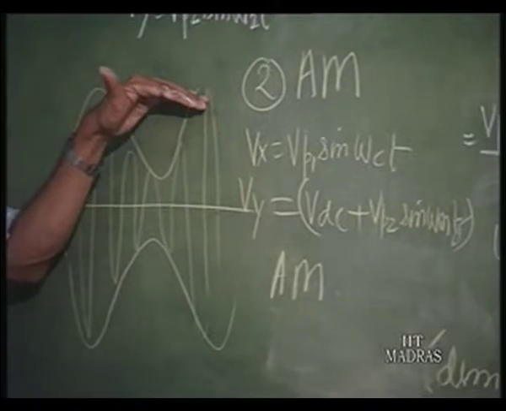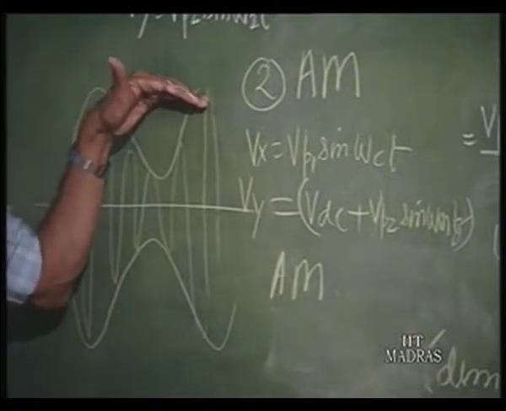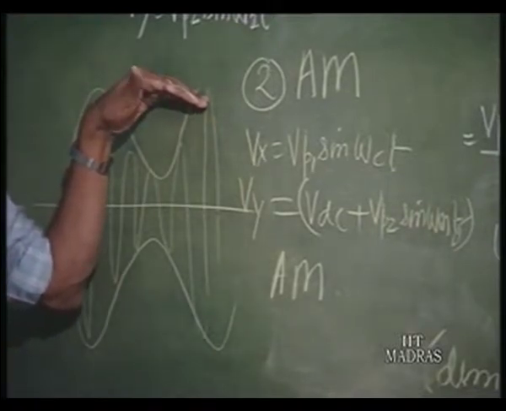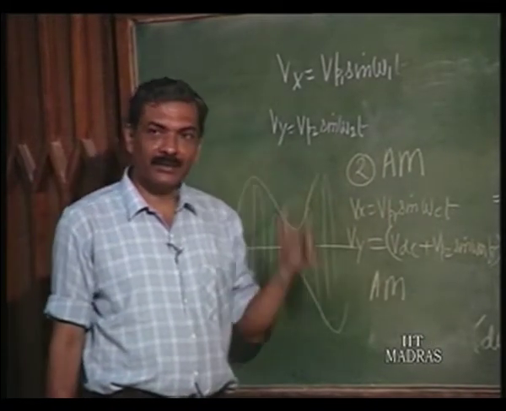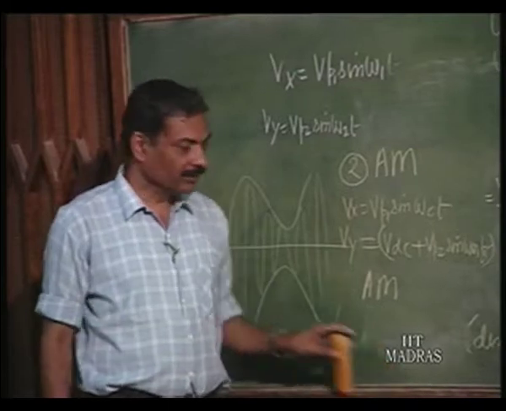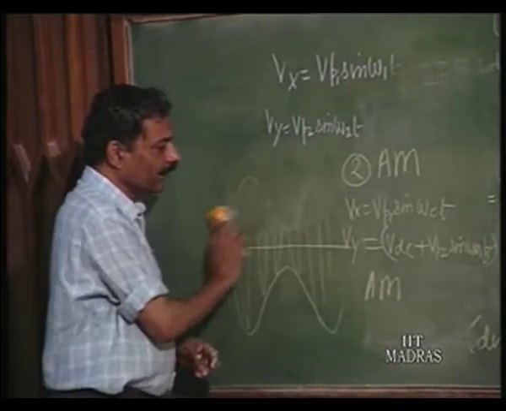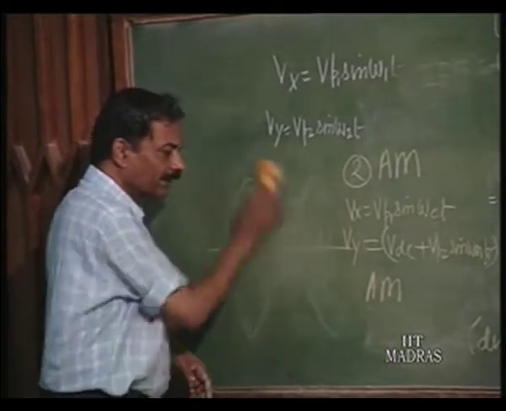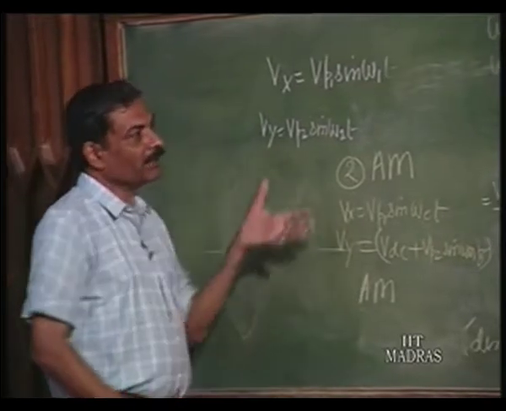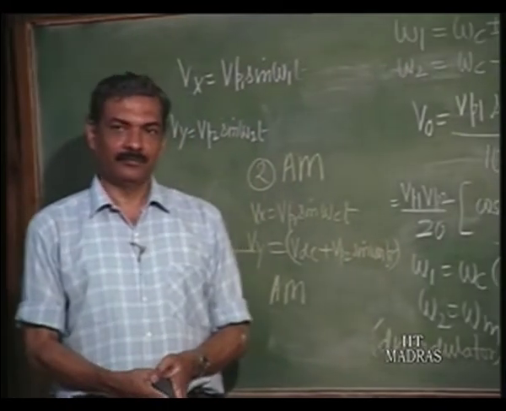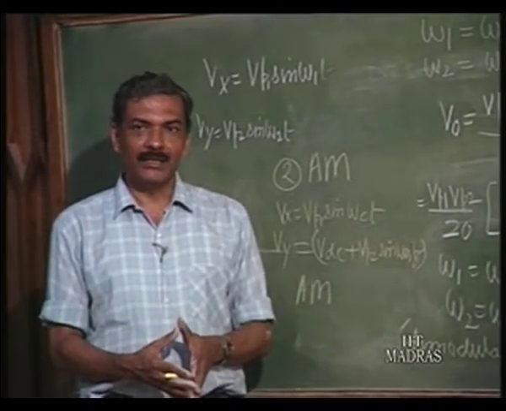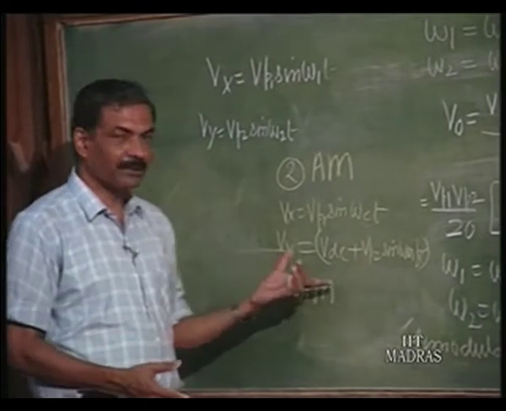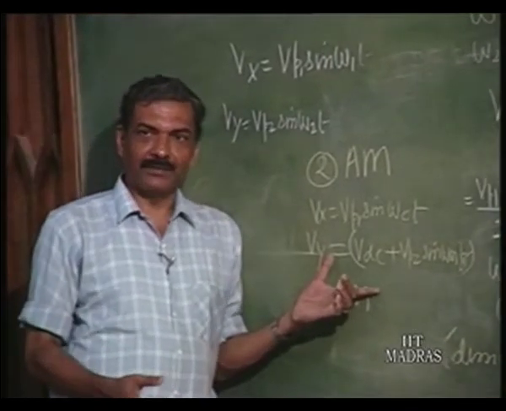That is a very simple detector, which does not require generation of a local oscillator frequency as stable as that which is transmitted. So, this is AM generation. That means AM generation is also possible with the same multiplier. The only thing is that the multiplier need not be ideal, it can be a non-ideal multiplier with X feed through or Y feed through component.